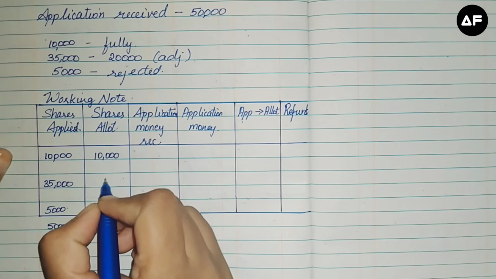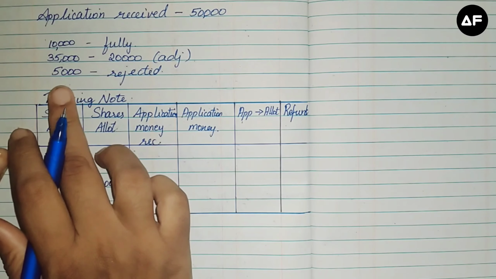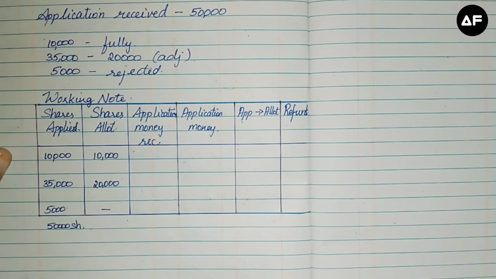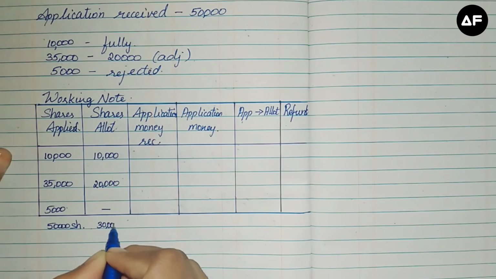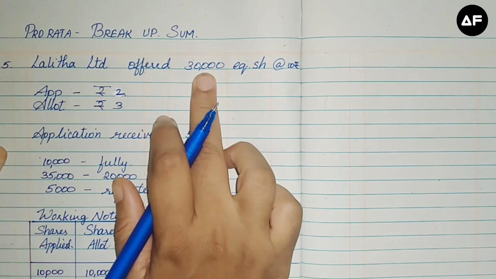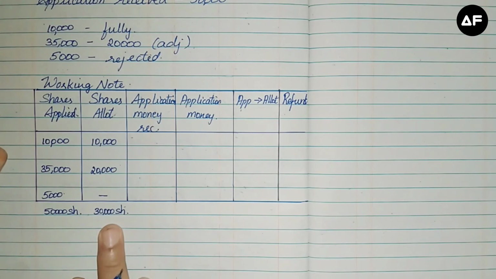That means 20,000 shares have been allotted by the company. Next, this 5,000 is totally rejected, so there is no allotment. If you add it up, you get 30,000 shares, which is nothing but the number of shares issued by the company in the first line of the sum. So that is achieved here.